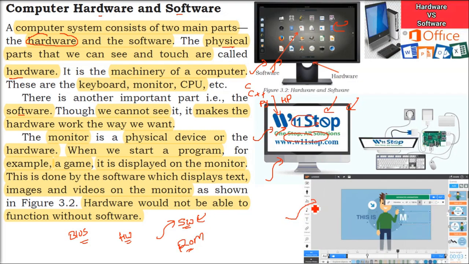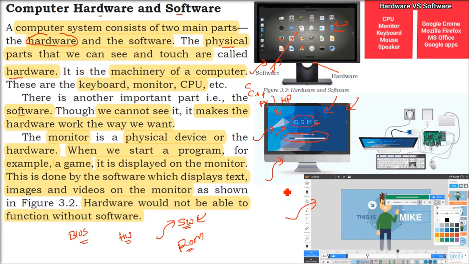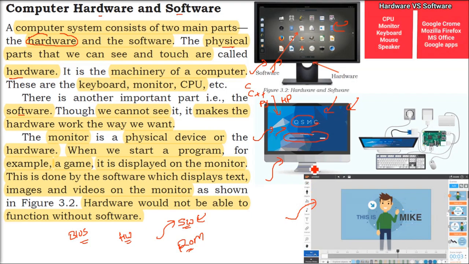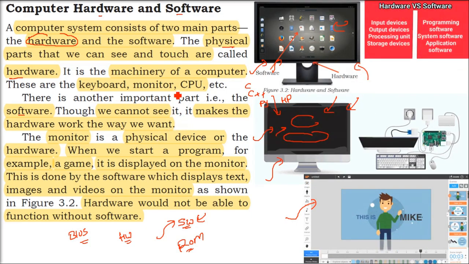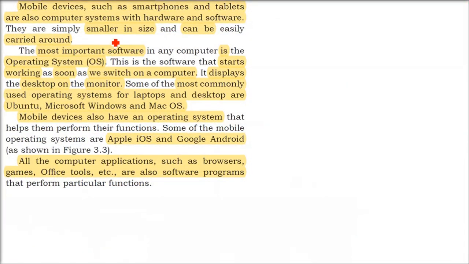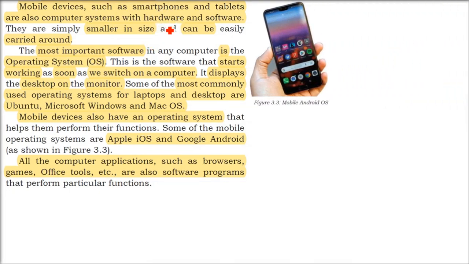So these are examples of software in which we can do various daily activities like making presentations, some typing activities, some gaming, or various other things like social media and browsers. Mobile devices like our smartphones and tablets all come under this computer system only, because they also have hardware and software, and it all depends on the form factor.